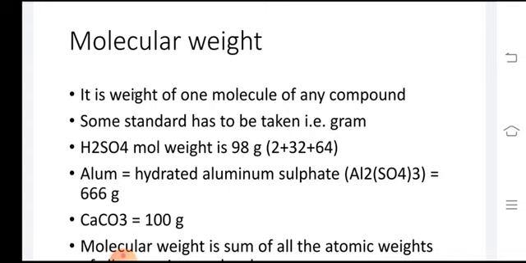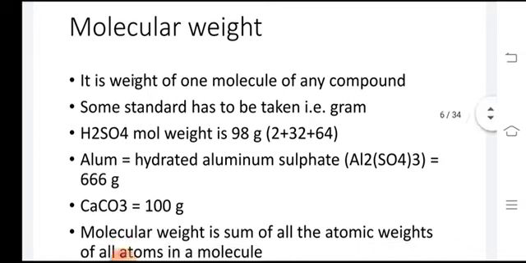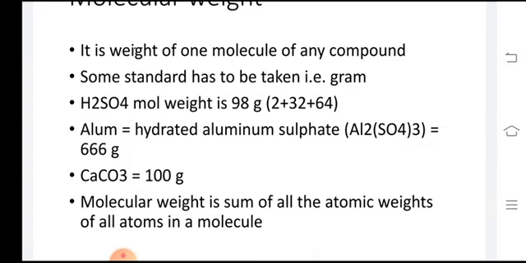Now we have alum, which is a hydrated aluminium sulfate. If you quantify this aluminium sulfate, you will find that we get 666 grams. If you calculate it yourself, aluminium has atomic weight of 27, multiplied by 2, plus sulfur multiplied by 3, and then oxygen, which will be multiplied by 12, that is 4 by 3, 12.